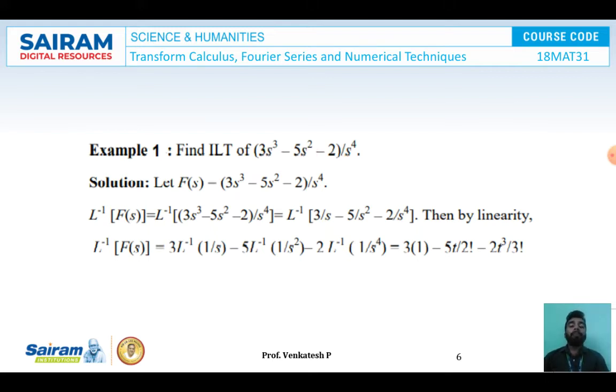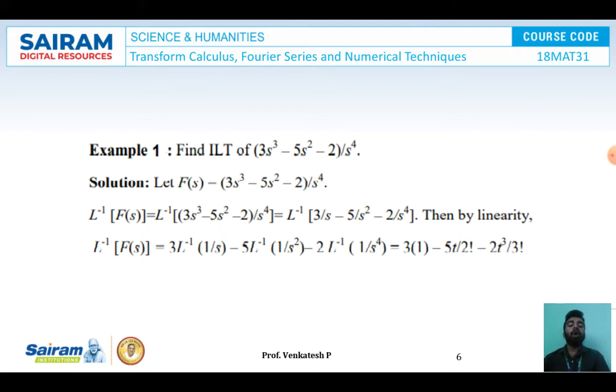Now I'll take F of s equal to this expression. They have given that F of s is equal to (3s cube minus 5s square minus 2) whole divided by s power 4. Now I am going to divide each term by s power 4, with s cube, s square and 2.